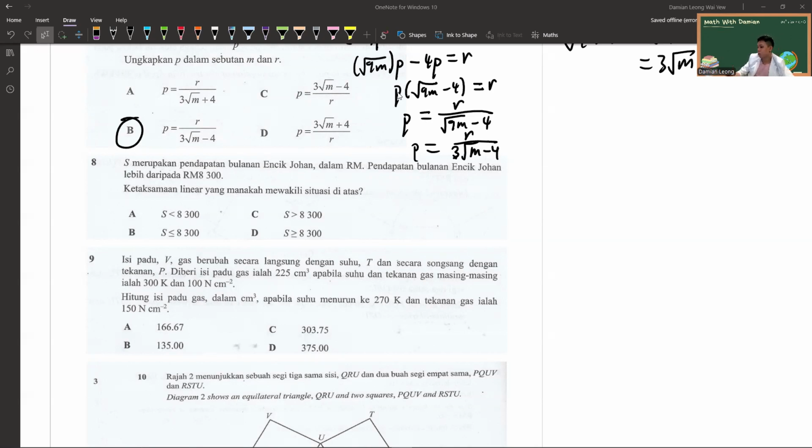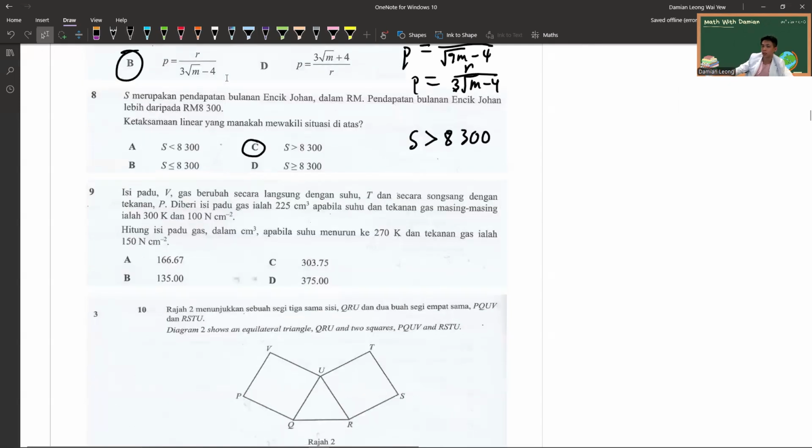When it's just more than 8,300, then it should be just the more than symbol, so it doesn't include any equal. If it's at least, then we include the equal. So in this case, the answer would just be C. It should be a very simple linear inequality.